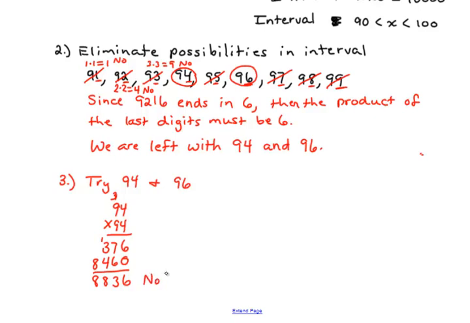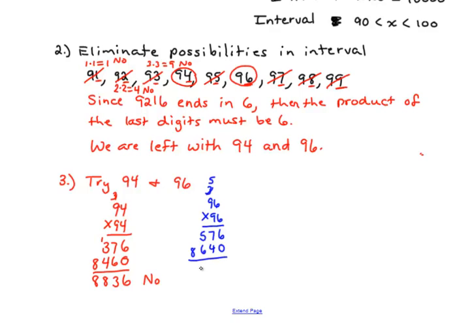That's no. So now we're going to try 96 times 96. 6 times 6 is 36. 6 times 9 is 54, plus 3 is 57. Carry 0. 9 times 6 is 54. 9 times 9 is 81, plus 5 is 86.